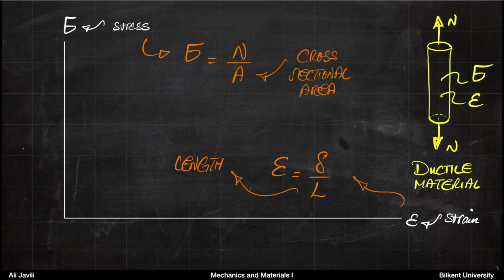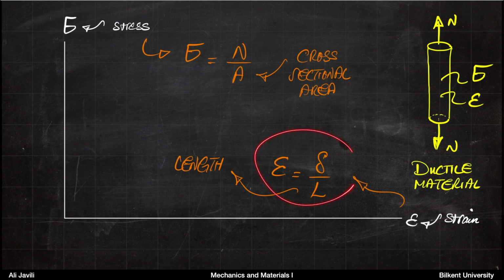All right, so assuming that the material is ductile and you apply forces at the two ends, so it's a uniaxial tension, then you can define stress as force divided by area, and area is the cross-sectional area of the bar.